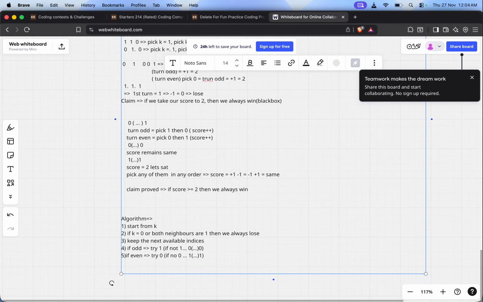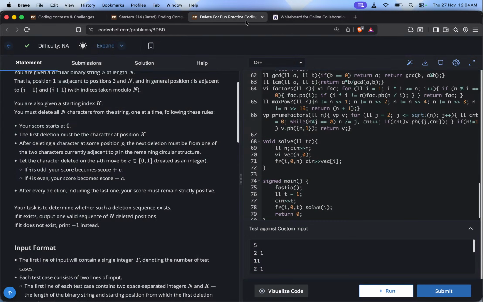So in both of these cases, pick any. At the end, the indices we have chosen need to be printed. Print the order. Alright, so let's move forward to the implementation part.